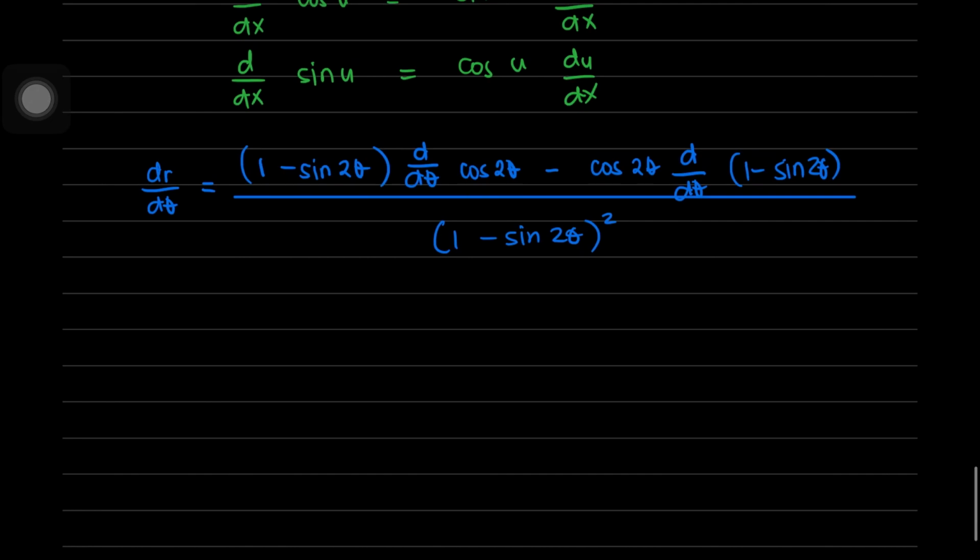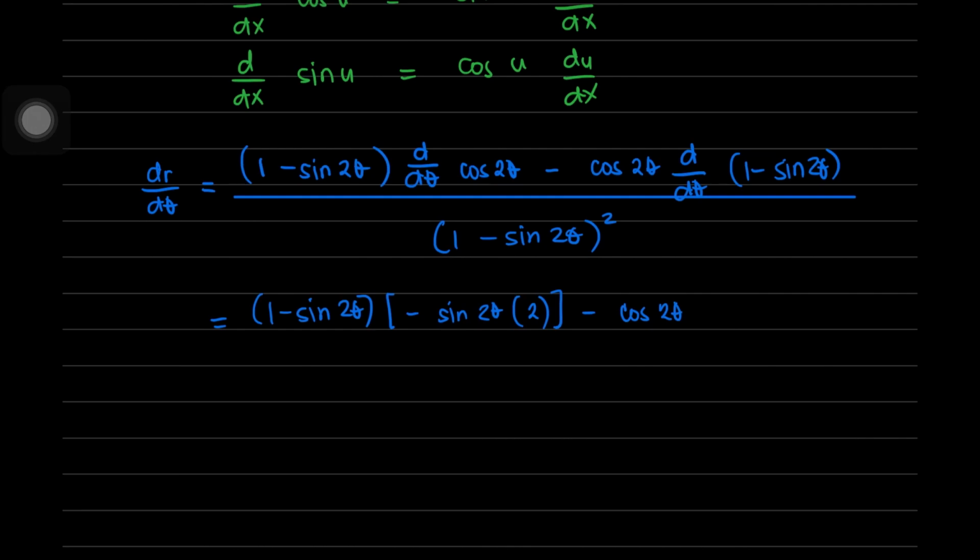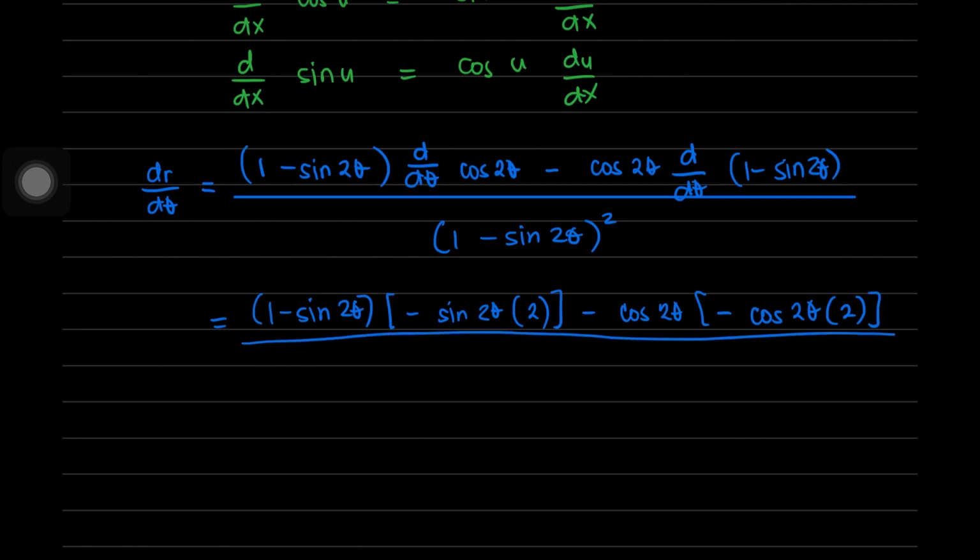So this is now equal to 1 minus sine 2 theta. The derivative of cosine 2 theta is equal to negative sine 2 theta multiplied by 2, minus cosine of 2 theta multiplied by the derivative of 1 minus sine 2 theta, so that would now be equal to negative cosine of 2 theta multiplied by 2, all over 1 minus sine 2 theta quantity squared.